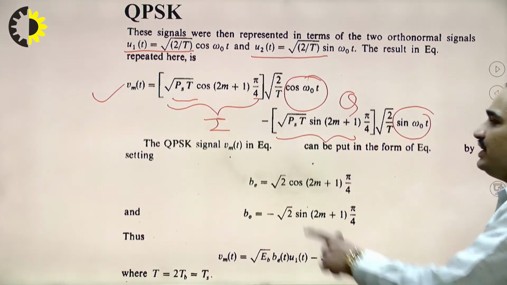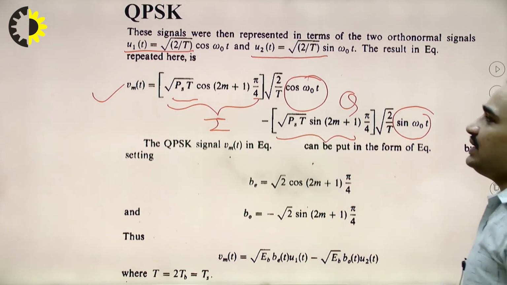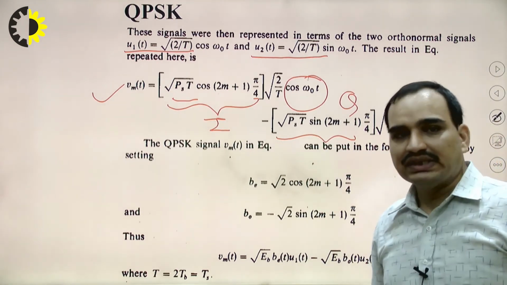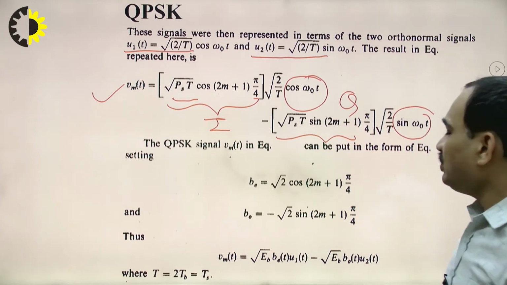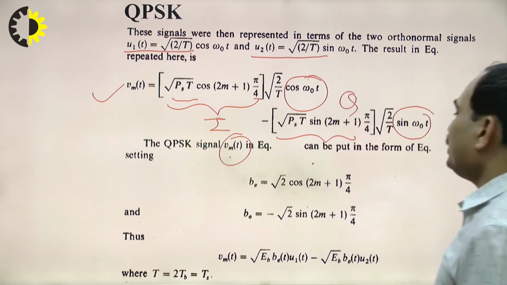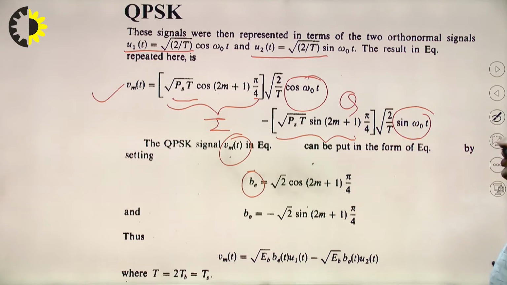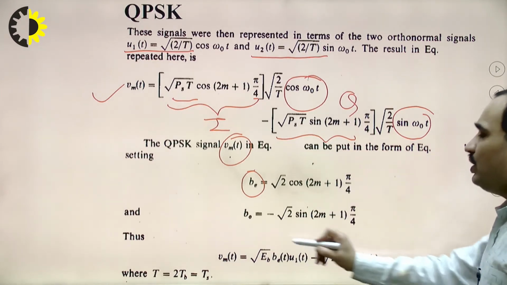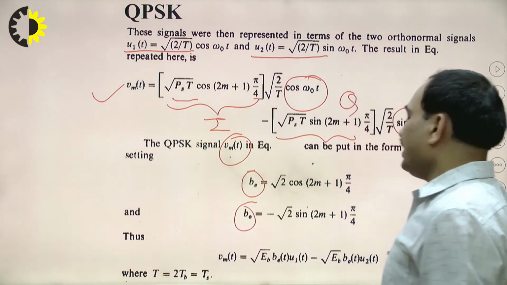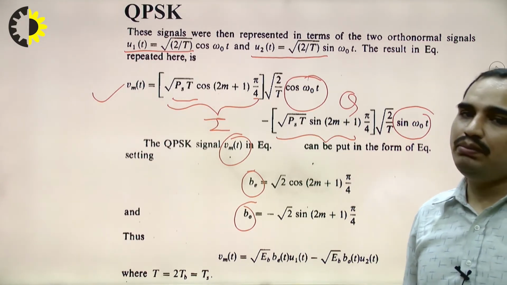So we have the in phase signal and the quadrature phase signals, and these signals are nothing but the QPSK signals. So how are we separating out the even and the odd bits? So the QPSK signal, that is V(t) in the equation, can be put in the form where the even bits can be represented as under root cos of (2i plus 1) pi by 4, and the odd bits can be written as minus under root 2 sine of (2i plus 1) pi by 4.